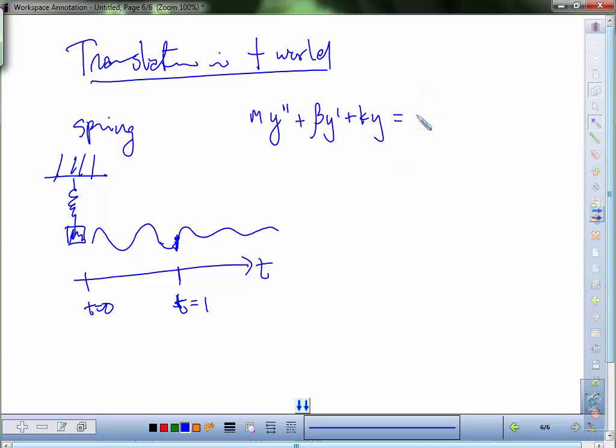So is equal to, let's call it f of t, where f of t is equal to 0 at some point. I think I called it 1. And then something else. So whatever your external force is, sine, cosine, whatever else you want it to be.